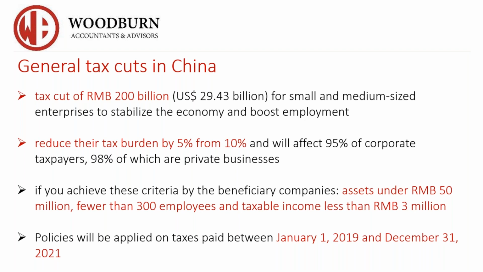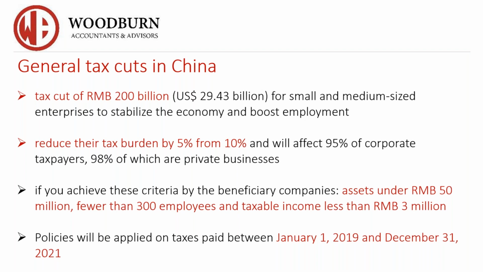This was basically to reduce the pressure that SMEs were having in the market, and try to boost a little bit of confidence and employment in these private sectors, whether for domestic enterprises or foreign enterprises.